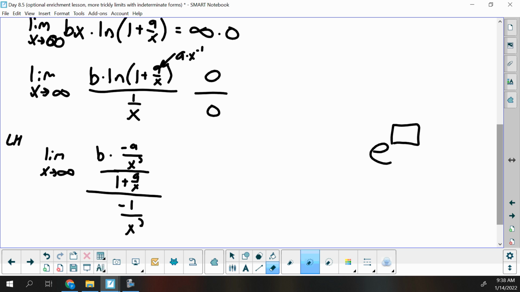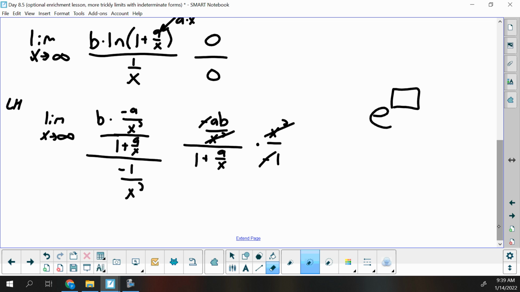Well, let's neaten this up a little. I'm going to maybe write it off to the side. Right now we have negative ab over x squared, over 1 plus a over x. Dividing by negative 1 over x squared is the same as multiplying by x squared over negative 1. So these x squareds will wipe out, and we can take care of the negative wherever we want. I'm going to wipe it out with that negative there.